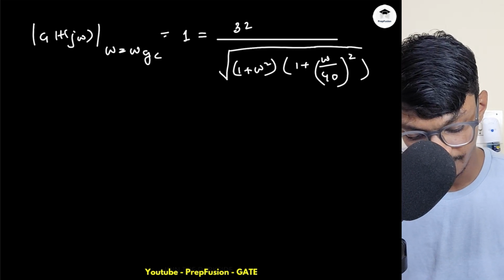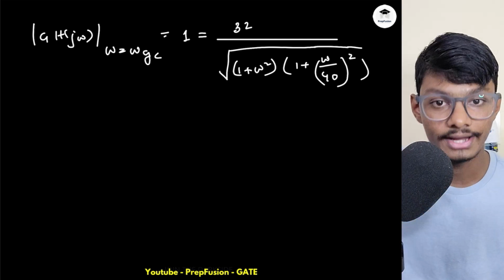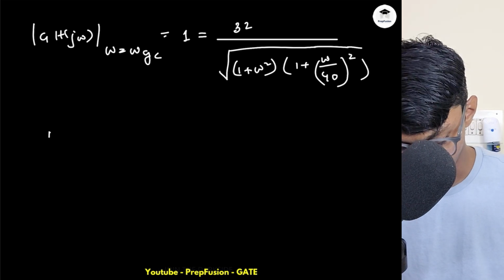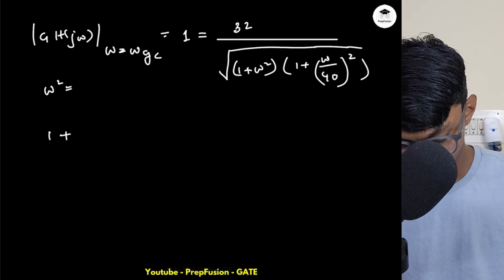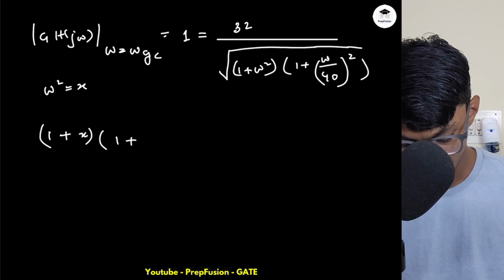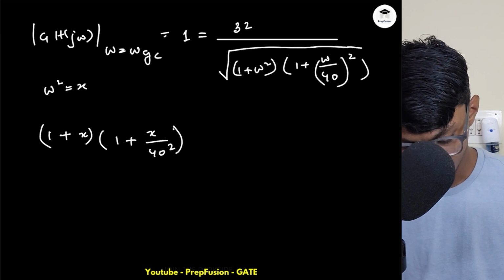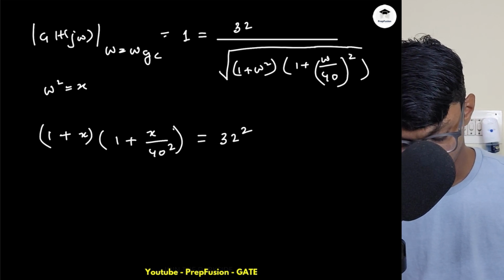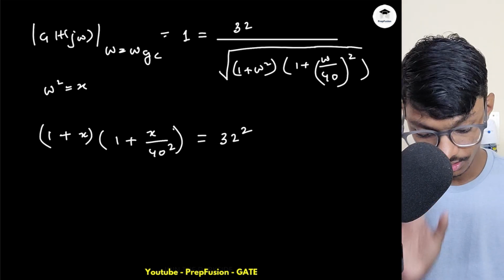Now, to solve this, how will you solve it? This becomes a bit difficult to solve, so you assume omega square to be x and then you square both sides. So omega square is x, this will be 1 plus x into 1 plus x by 40 square equals to 32 whole square. Now you just see how I am computing this, right?